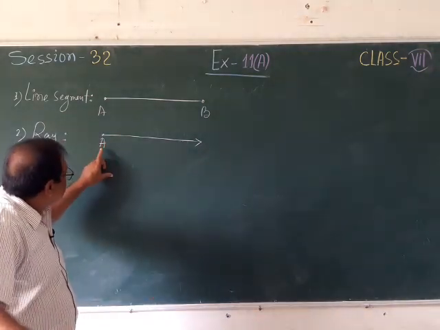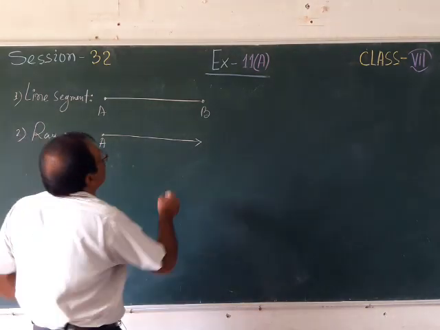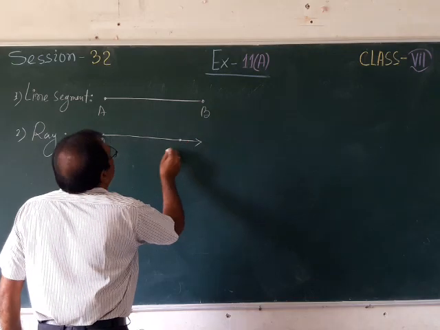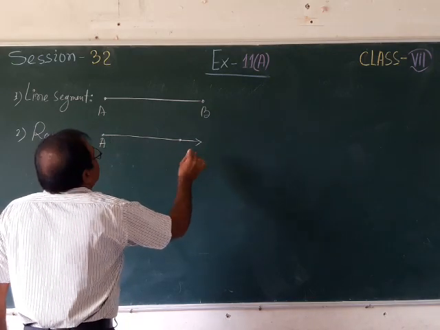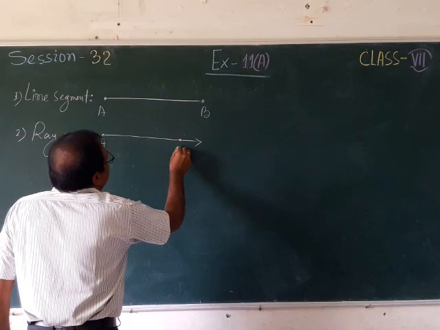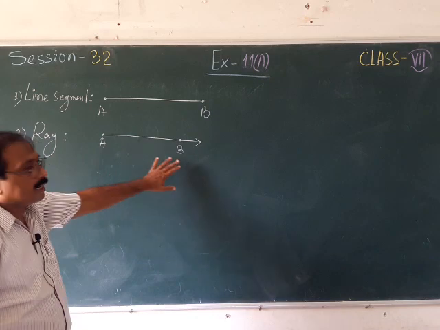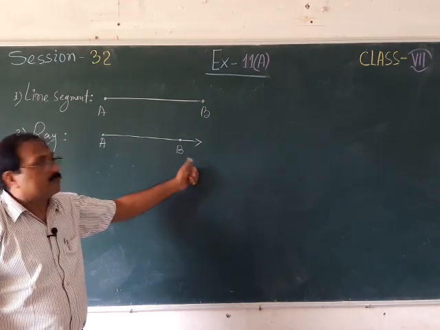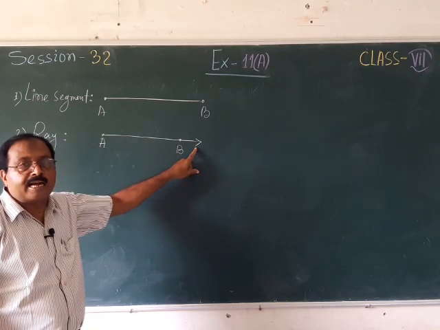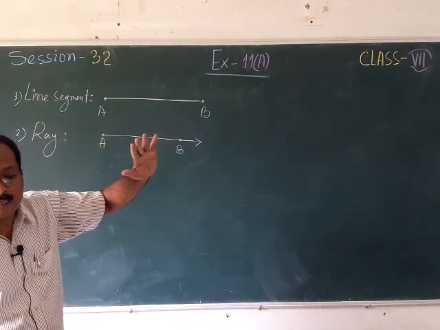Its starting is known, but ending is unknown. It is going towards infinity. So here if I name a point B, AB is a ray, that means B is a point on this ray. This arrow mark shows that it is going up to infinity. So this is a ray.